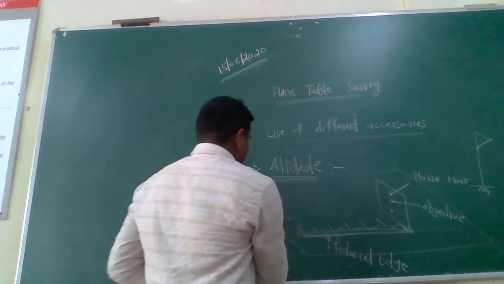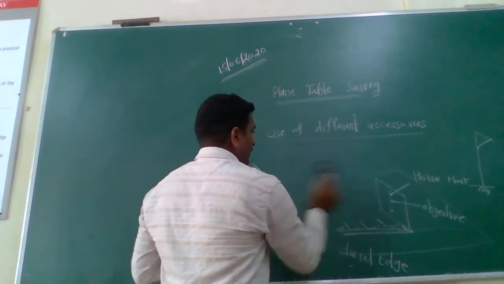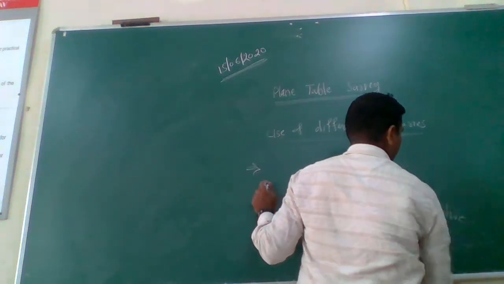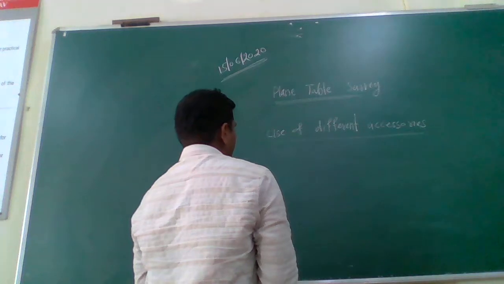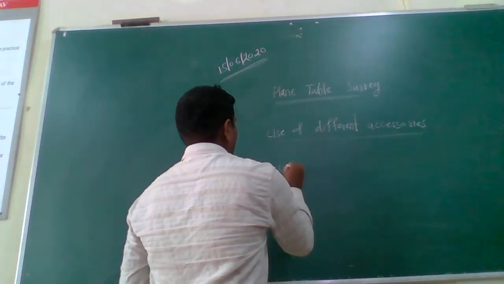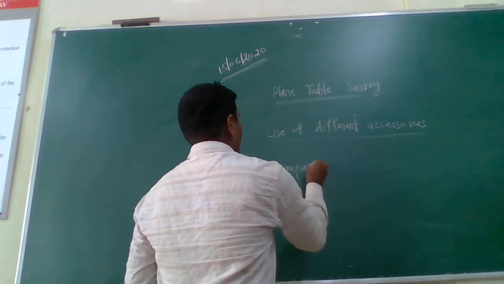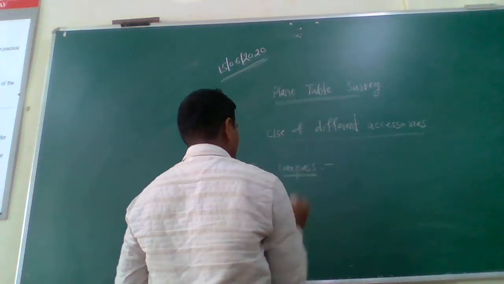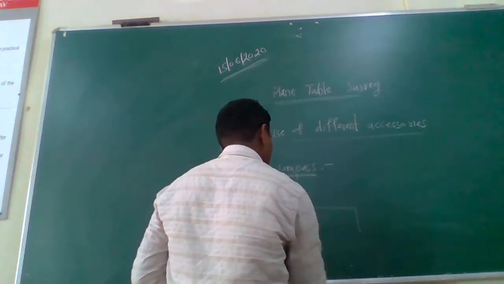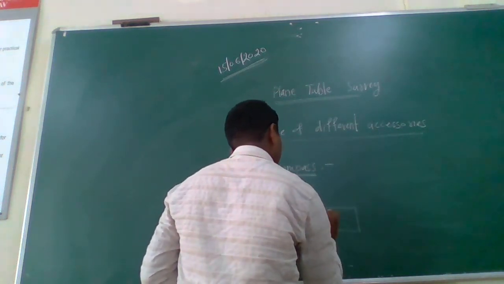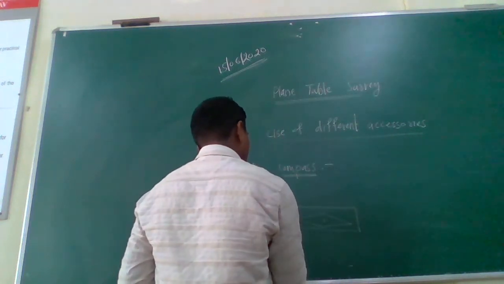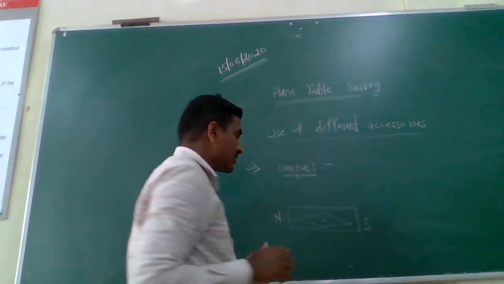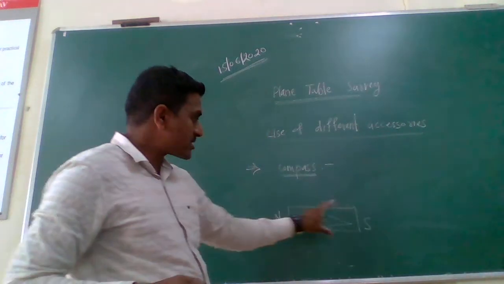Now the next one is the compass. Okay, so this is a simple sketch of the box compass.